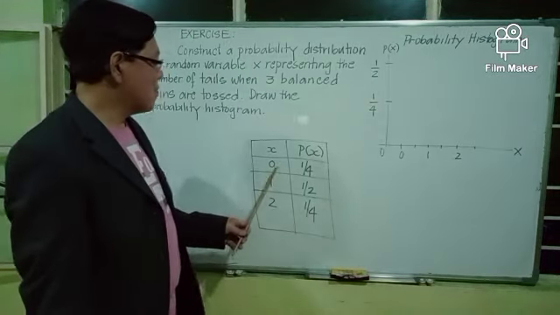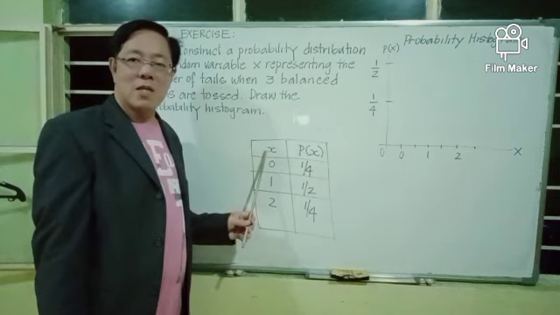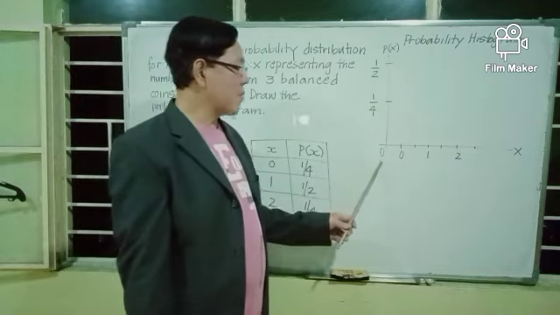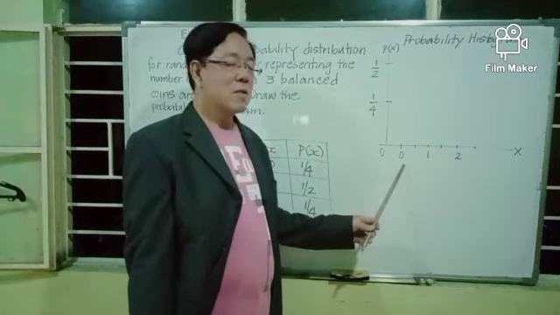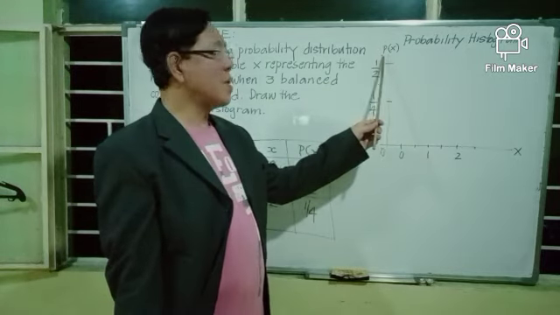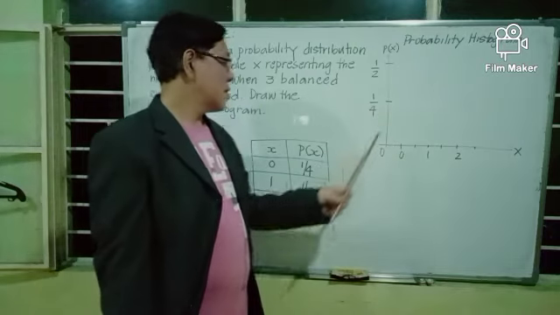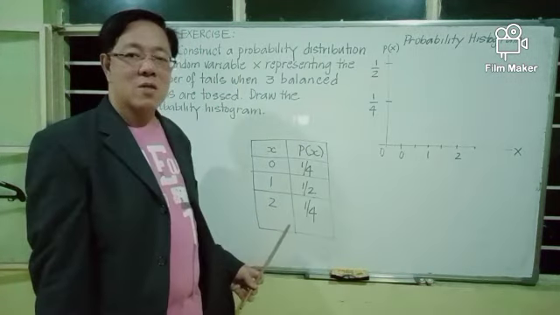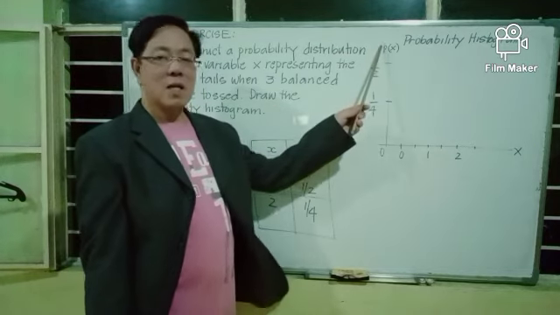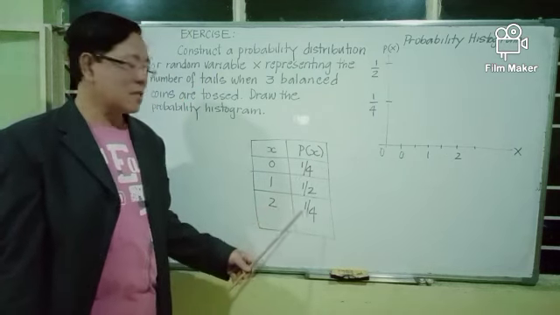If you do not have 0 as one of the values of the discrete random variable x, suppose you only have 1, 2, 3, then after the origin you start from 1, 2, 3. In the vertical axis, we write the probabilities p of x. You must select a scale for the vertical axis based on the highest and the lowest probabilities.